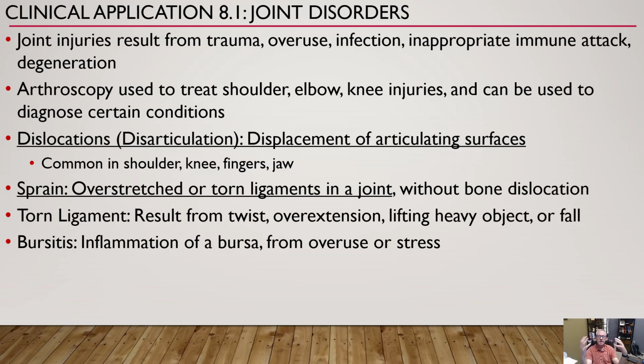And we can diagnose those injuries with a procedure called an arthroscopy. An arthroscopy is basically where we stick a needle and a camera in that joint, and we can look inside that joint to see what's going on.